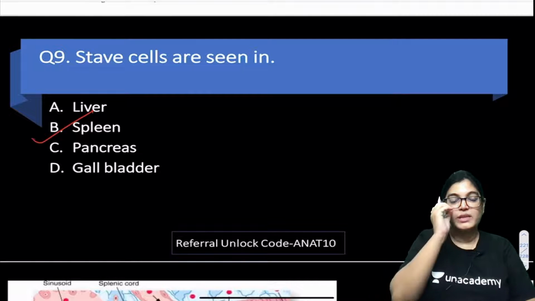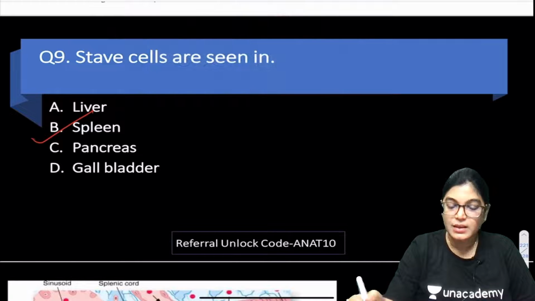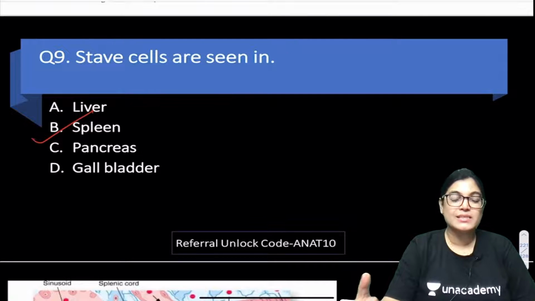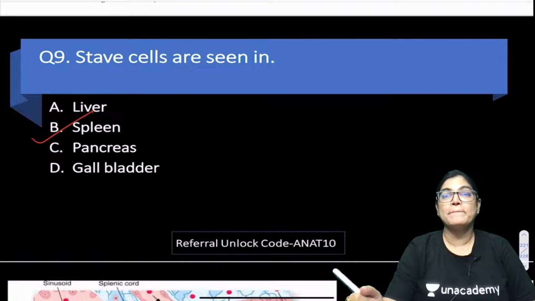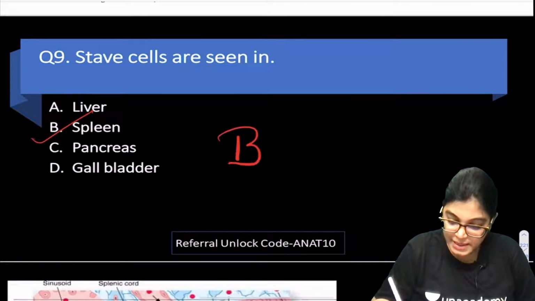Yes, spleen is the correct answer for stave cells, and I would like to tell you that the spindle shape is more correct, or you can say the shape is like a barrel.